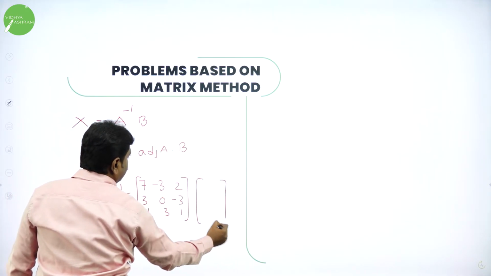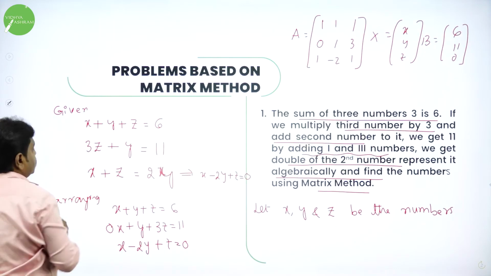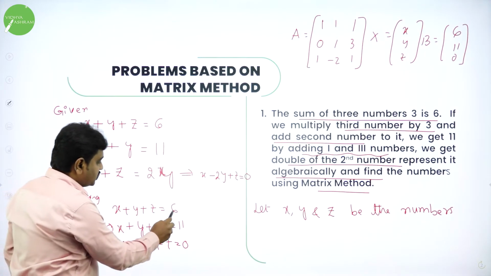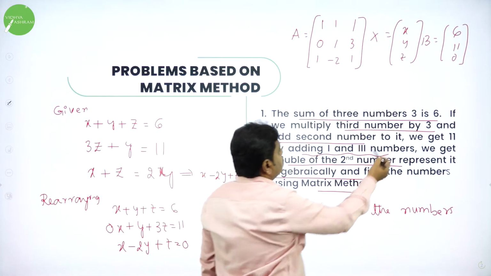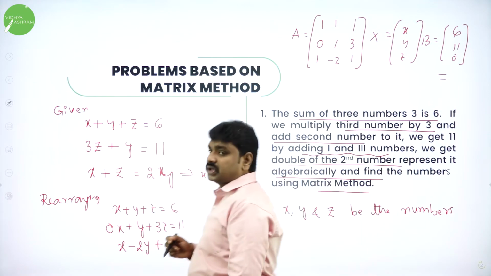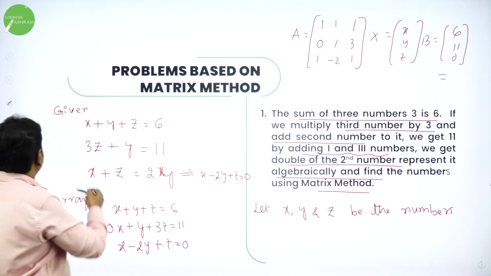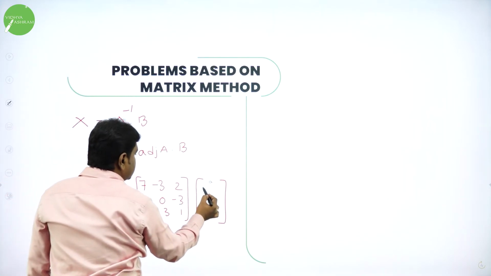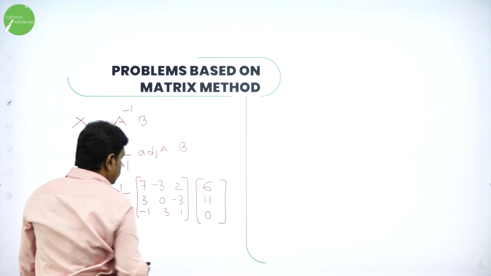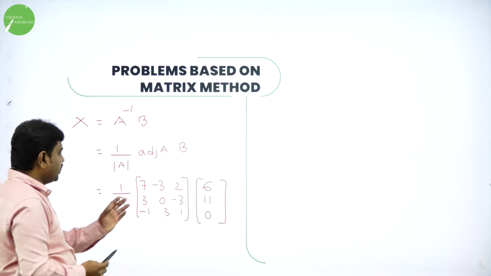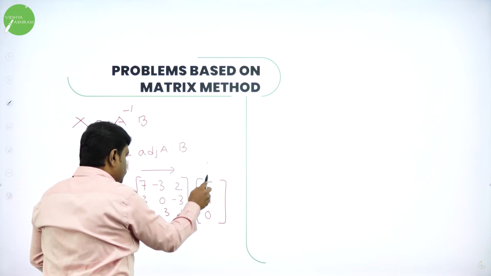Column matrix. Column matrix means the coefficients of the RHS, the constants. What is the column matrix? 6 11 0. Here I wrote 6 11 0. Now simplify this. How to simplify? Multiply first row with first column.